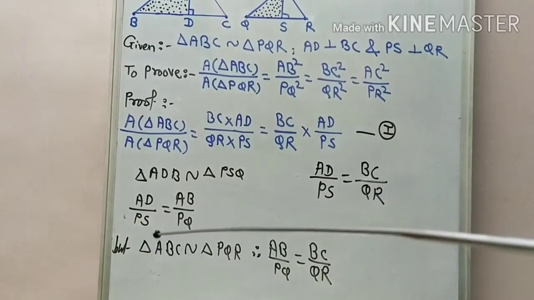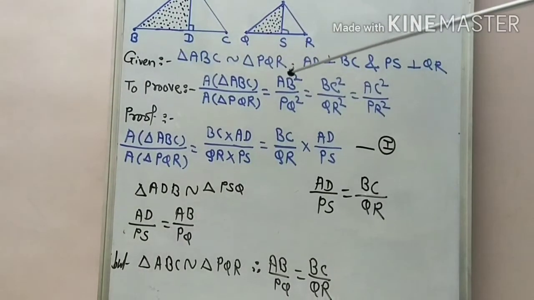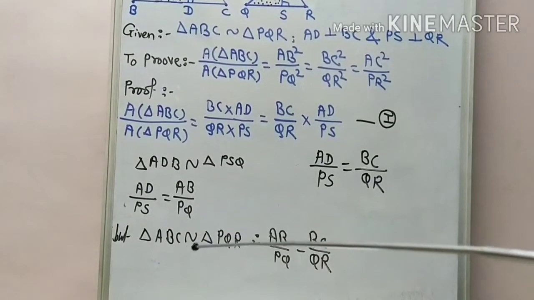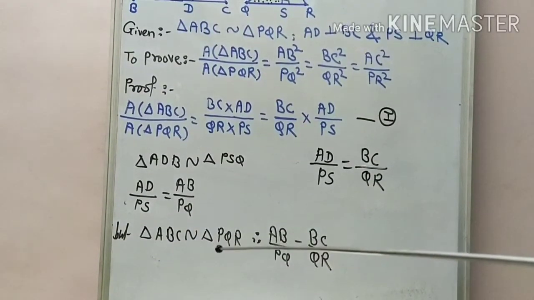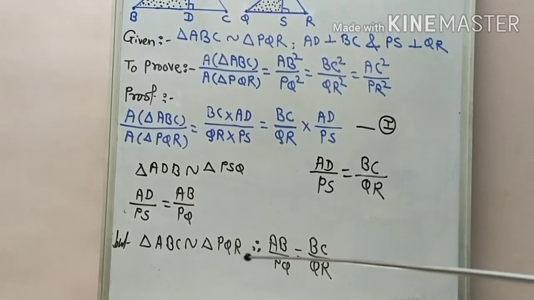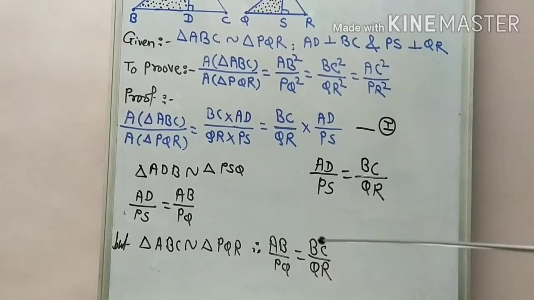But what we are given is that triangle ABC is similar to triangle PQR, that the original triangles are similar to each other. Using the definition of similarity, corresponding sides are in proportion, so AB upon PQ equals BC upon QR.